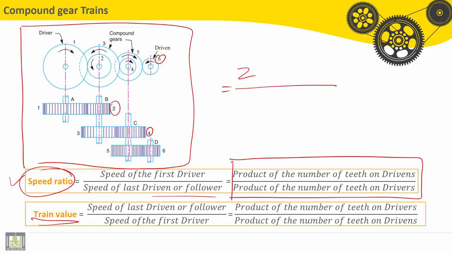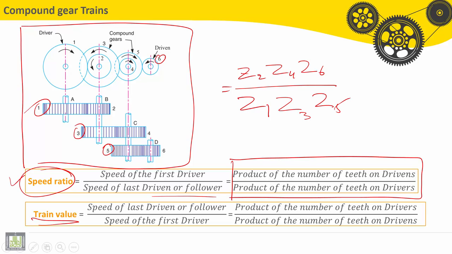Then here we find Z2, Z4, Z6 divided by the product of the number of teeth on the drivers. So drivers are number 5, number 3, and number 1: Z1 multiplied by Z3 multiplied by Z5. This is the speed ratio.